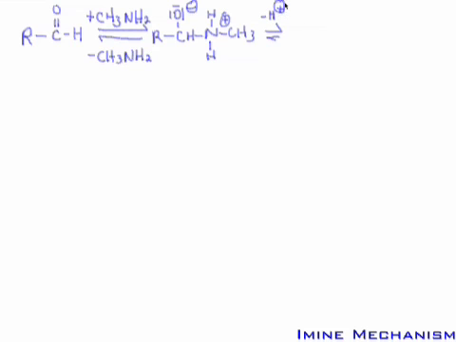lose acid from the nitrogen, giving me RCH. We now have NH, lone pair, CH3. And then we're going to add H+ and protonate the O-.